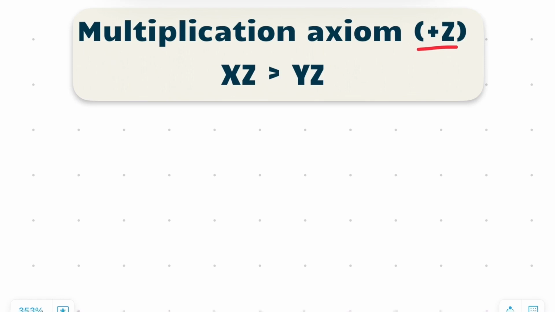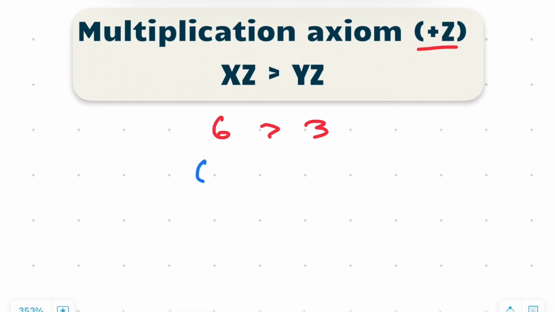So the first multiplication axiom assumes that z is positive, meaning that it's greater than 0. And it says that x times z is greater than y times z. How could I demonstrate this with an example? So let's say I have the inequality 6 is greater than 3. Now, if I multiply both sides by a positive value, like 3, the left-hand side would have to be greater than the right-hand side.